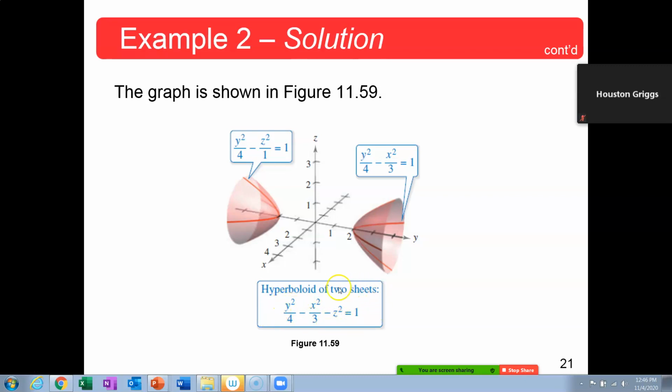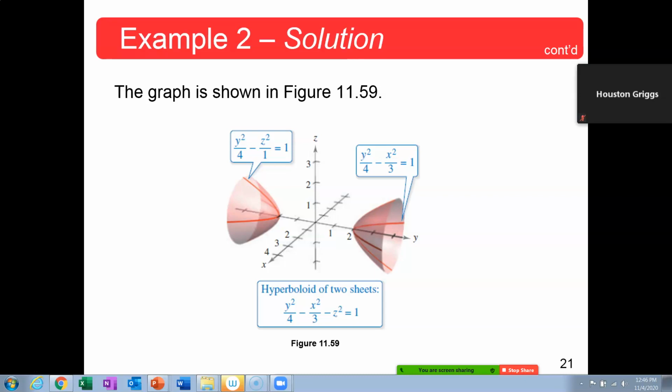You manipulated that until you got into standard form, and because all three of your variables are squared, that means you had to have either a sphere, an ellipsoid, or a hyperboloid. Those are the three that have squares for all three of your variables. A paraboloid, one of those three has to be to the first power. They can't all be squared.